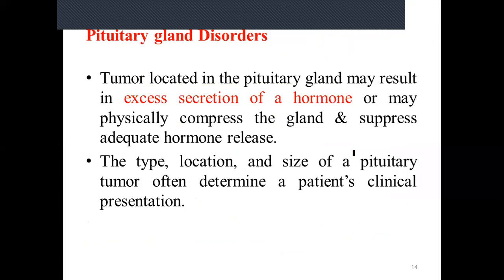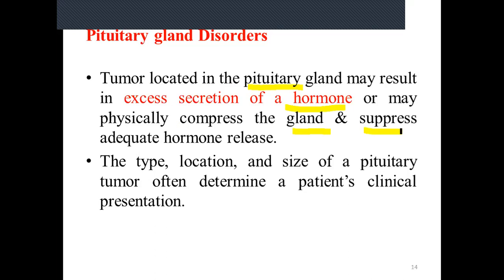So, pituitary gland disorder. A tumor located in the pituitary gland may result in excessive secretion of a hormone, or may physically compress the gland so that it suppresses adequate hormone release.